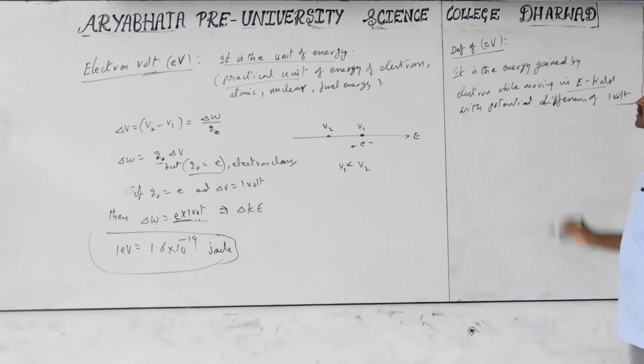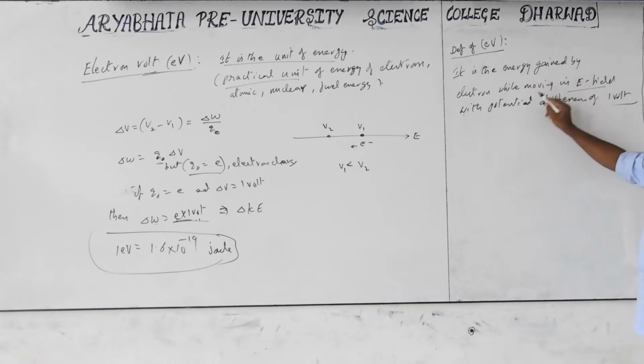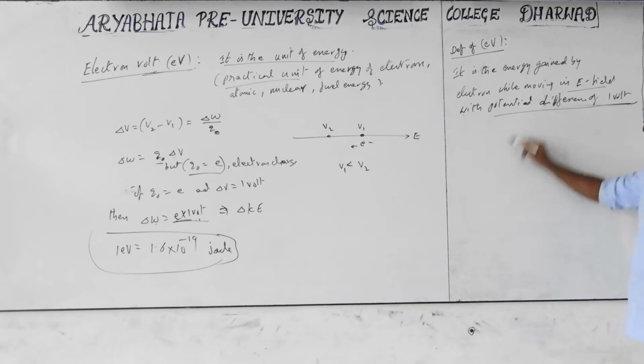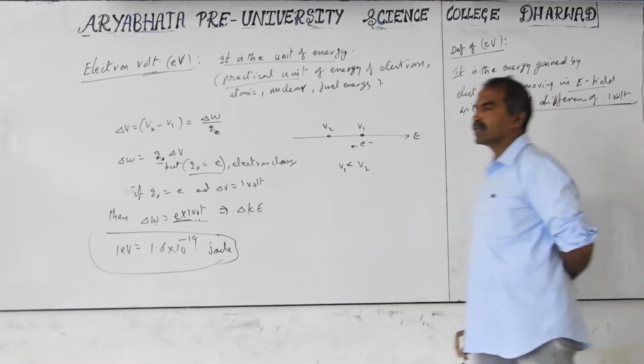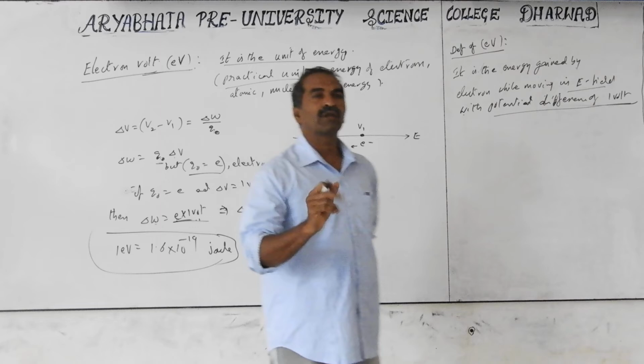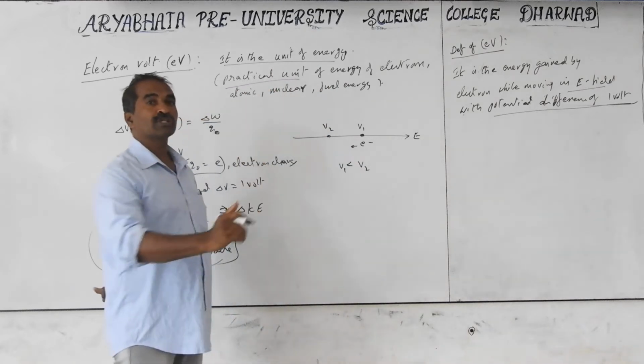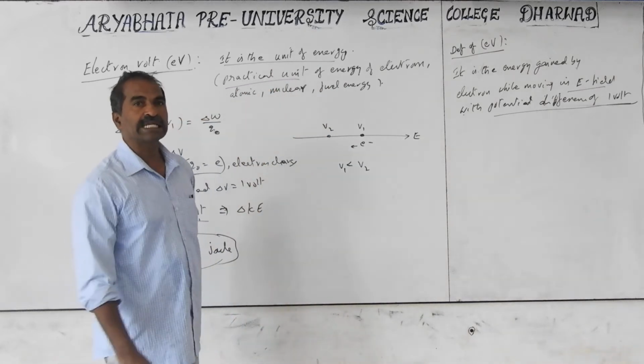Writing the electric field term is not compulsory; if there is a potential difference, the electric field is automatic. It is the energy gained by the electron while crossing a potential difference of 1 volt, going from lower potential to higher potential of the electric field because it is a negative charge.